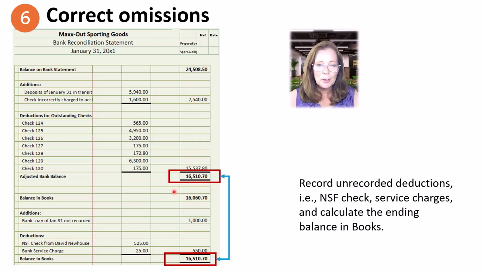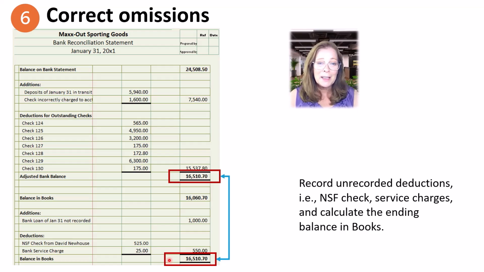And now we can calculate the adjusted book balance. We start with a general ledger balance of $16,060.70, add the $1,000 loan deposit that had not yet been recorded, and subtract the NSF check and the service charges totaling $550. This results in an adjusted book balance of $16,510.70.